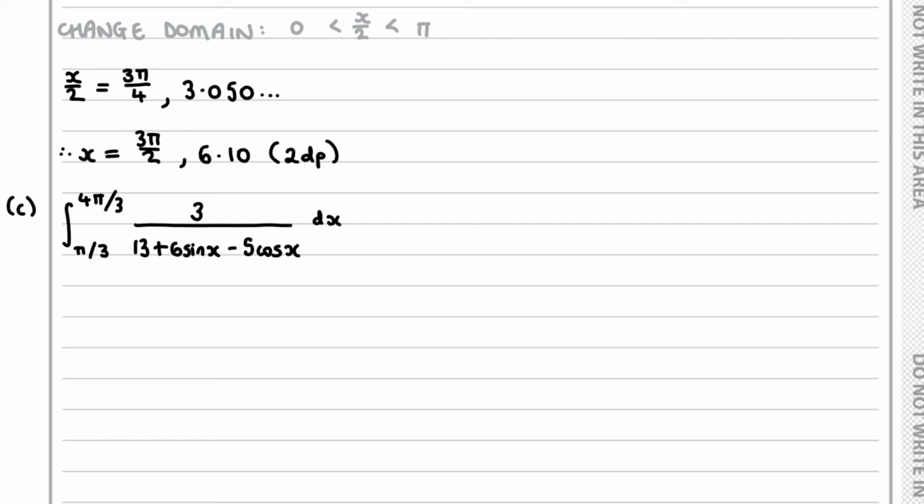So with the t formulae, if t is equal to tan of x upon 2, the first thing to notice, and it's quite difficult to spot this, is that x cannot equal pi. Otherwise, we'd have an undefined value when we have tan of pi upon 2. So hopefully this makes sense.